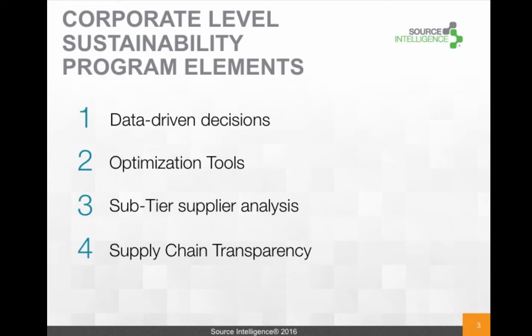Working with supply chain optimization tools allows you to focus and pinpoint areas of high risk in your supply chain based on the data that you're collecting from your suppliers and vendors.